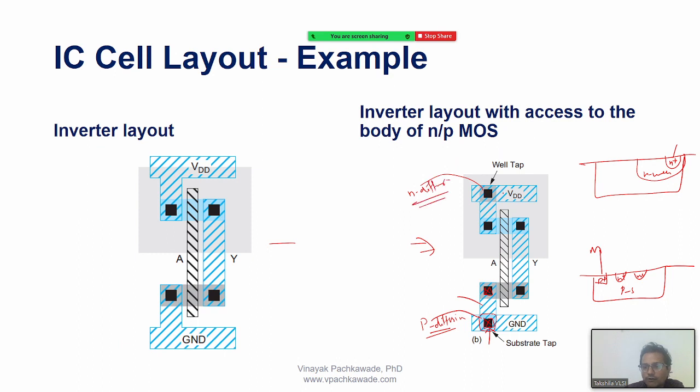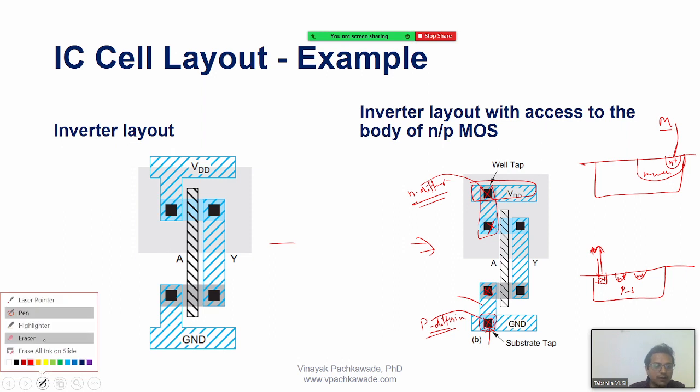Once I formed the n diffusion, I added the dopants, then I routed this metal line, so it got connected to this diffusion of the PMOS and the diffusion area of the NMOS also through this contact etching. So now my metal is also connected to the N well, and the metal is also connected to the P substrate.